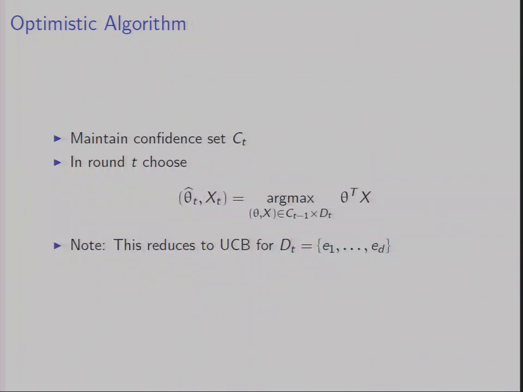You jointly optimize the reward that you can get from an action from your decision set and a theta from your confidence set. This is the joint optimization that you do in every step. For example, note that, again, the classical UCB algorithm, where you are maintaining the upper confidence intervals for the arms, is just a special case of this. So that's the optimistic principle of reinforcement learning.